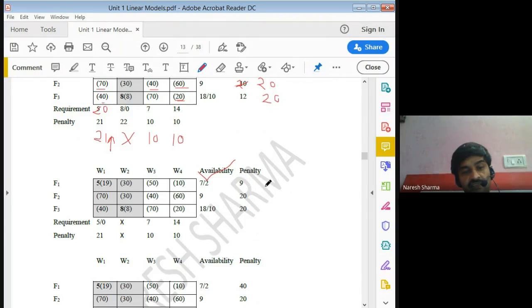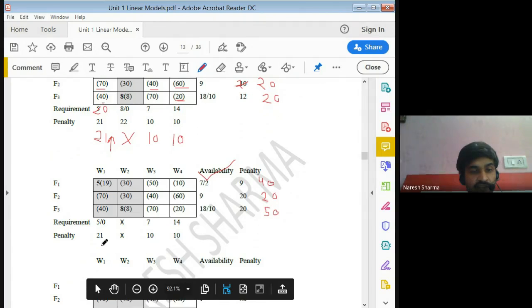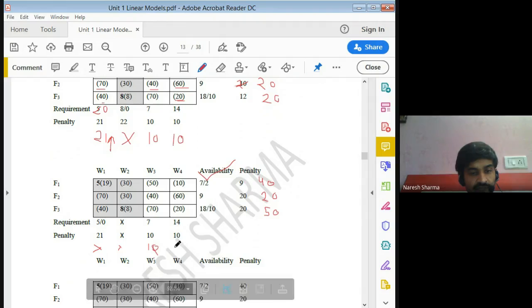So penalty 50 minus 10 is your 40. 40 or 60 difference is 20. 70 minus 20 is 50. So here we already crossed these two. So the penalty here is your 10. Here is 10.